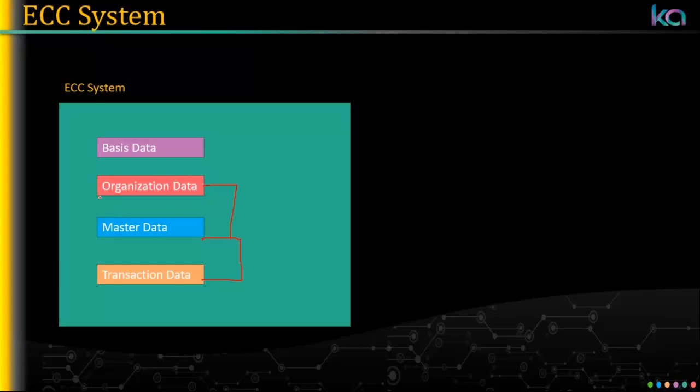And for someone to create all this data, everyone is dependent on basis data. Everyone should have user IDs and specific authorizations. So this is how the dependency exists.